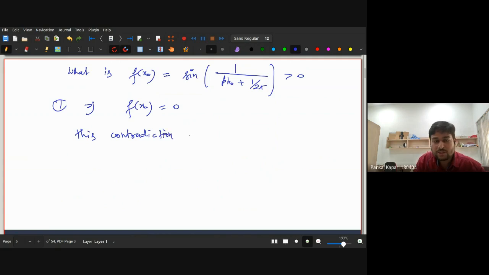And why was this wrong? This is wrong because of our wrong assumption. This contradiction arrived because we assumed something wrong, and that wrong thing is that the function is periodic. So this contradicts our assumption, and therefore this shows that f is not periodic.